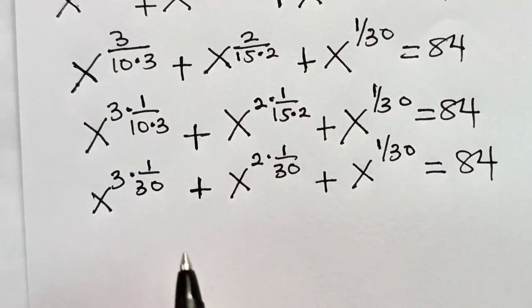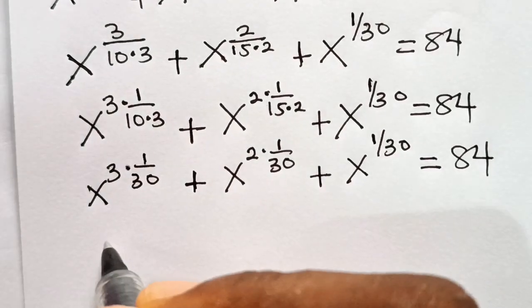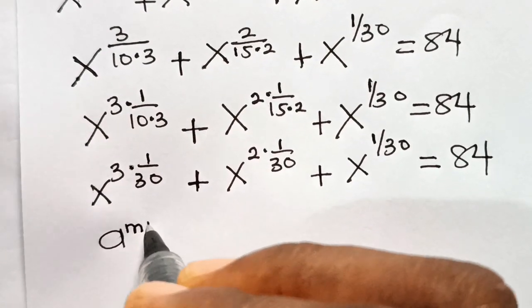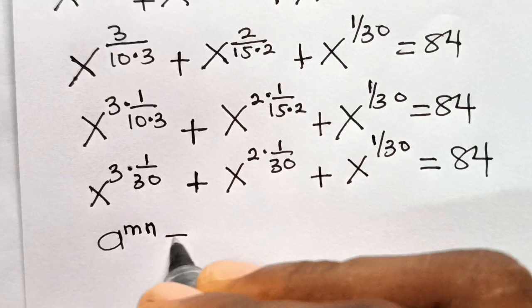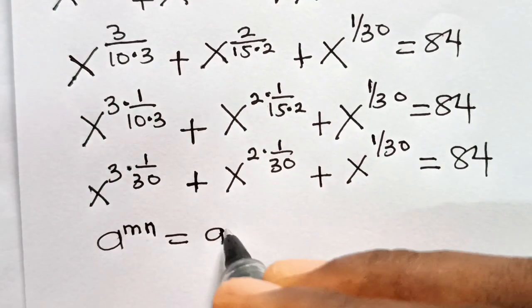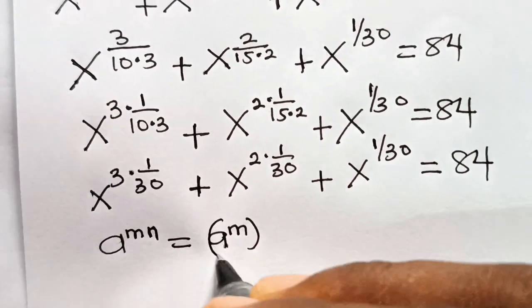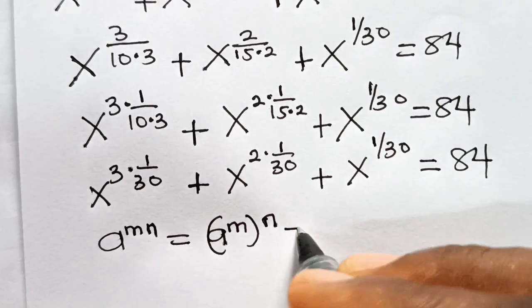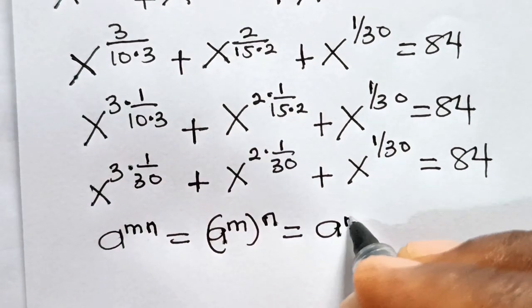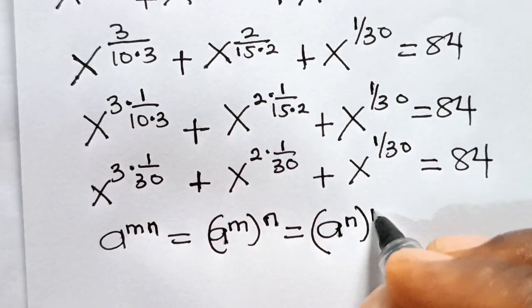Now recall that a to the power of m times n is equal to a to the power of m raised to the power of n, and also equal to a to the power of n raised to the power of m.